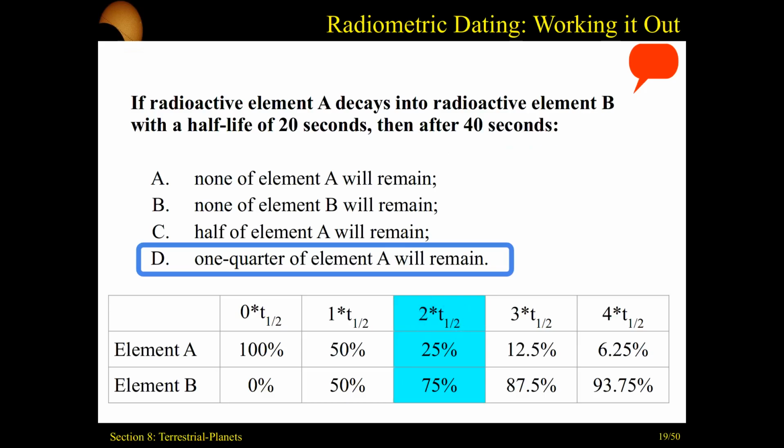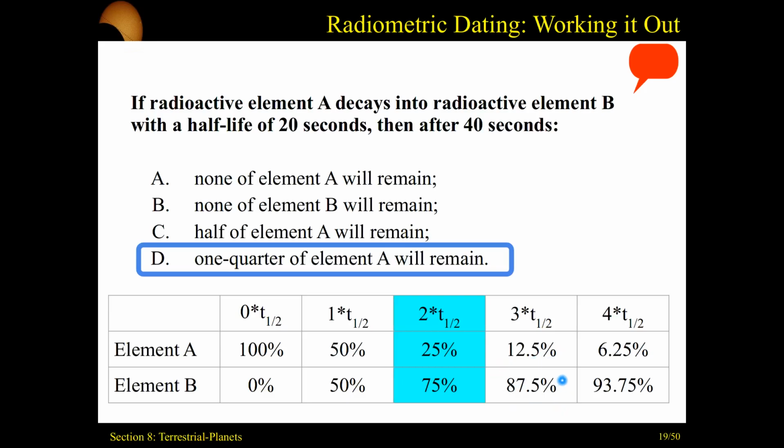At 2 half-lives, half of this number has decayed away into B again. So we're now down to 25% of the parent element A, and this sample is now 75% of the daughter element B. Now, if we keep going down this chain, just for illustrative purposes, at 3 half-lives, A will be 12.5% of the sample.